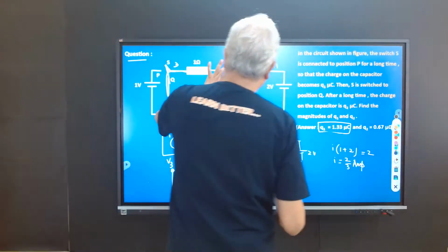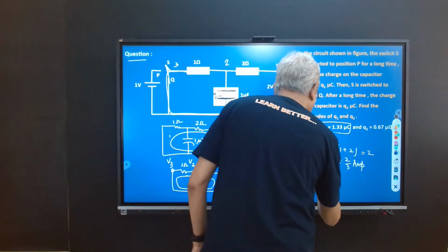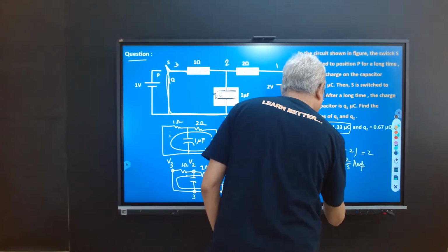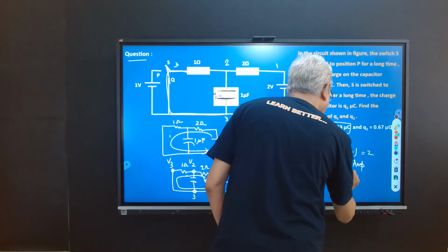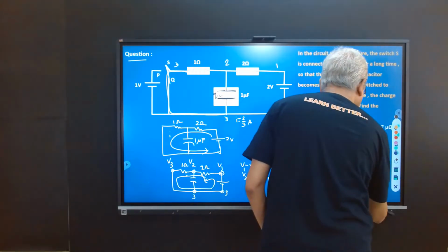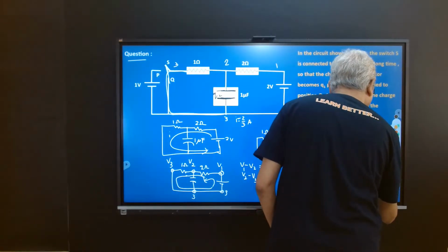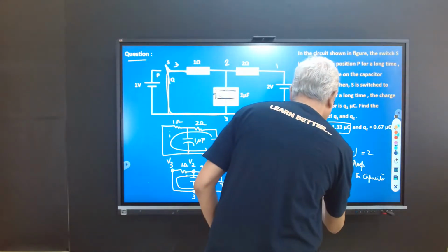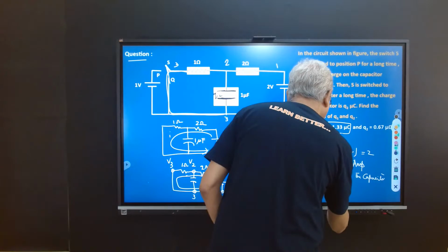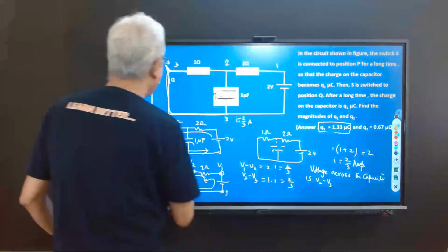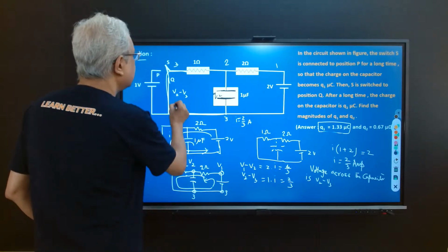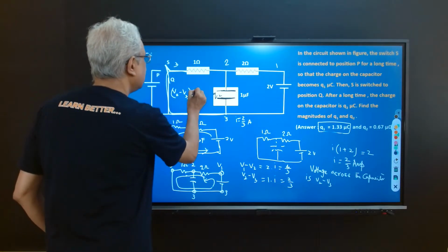So voltage across the capacitor is V2 minus V3. So V2 minus V3 multiplied by C should be equal to Q2.